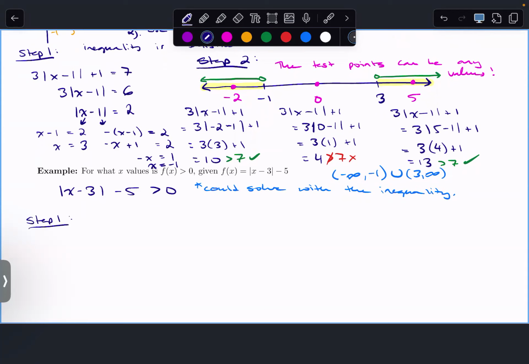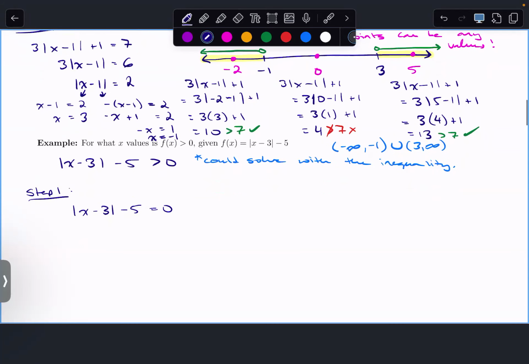Step 1 for me is isolating the absolute value: the absolute value of x minus 3, minus 5, is equal to 0. I find where it's going to switch from being greater than 0 to less than 0 or vice versa. And so I get the absolute value of x minus 3 is equal to 5. I need to consider both the positive and the negative version of x minus 3.